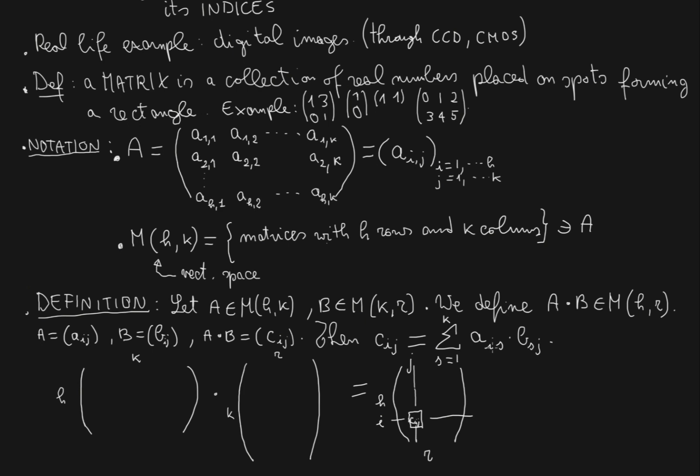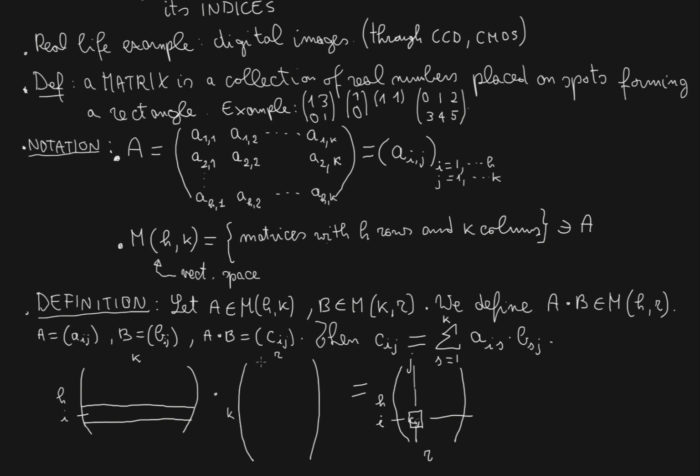So if we fix the first index, it's like we fix the row of the scalars. Fixing the row i and moving all the columns s from 1 to k, we will be basically focusing on the ith row in the matrix A. For the matrix B, on the other hand, we will have the second index fixed, j, and that will block the column.